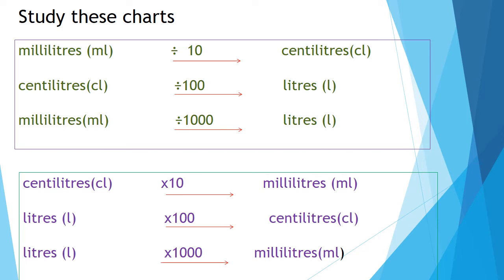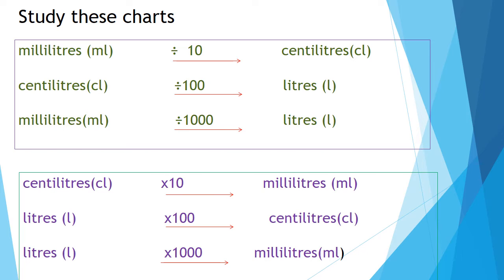Look at the next one. When we want to convert centiliters into liters, we divide by 100. Why? Because there are 100 centiliters in 1 liter.